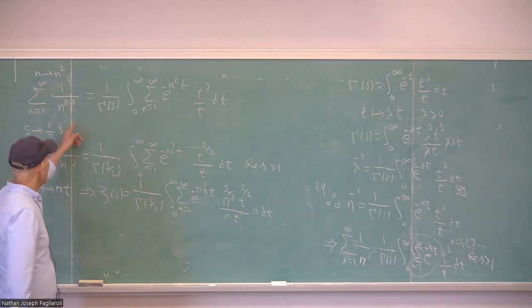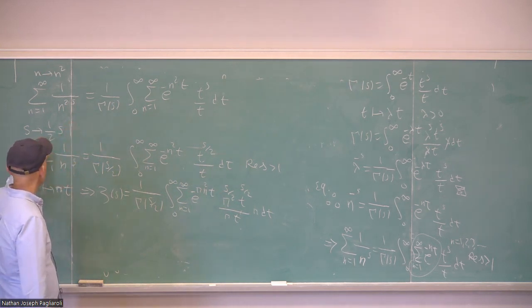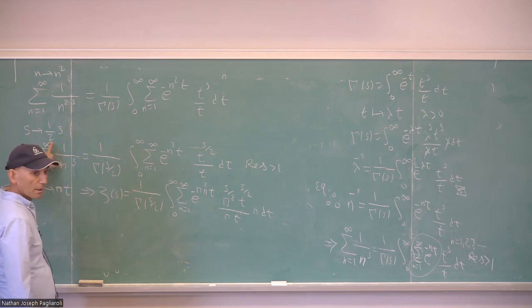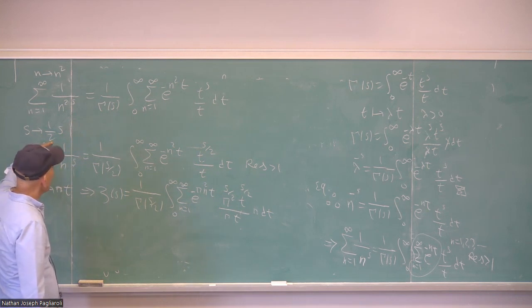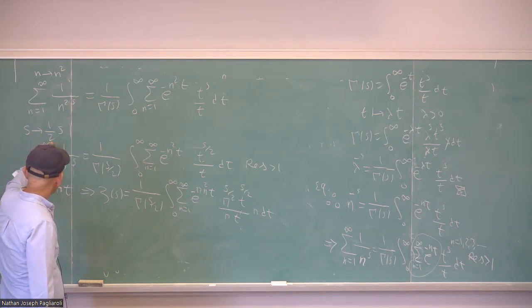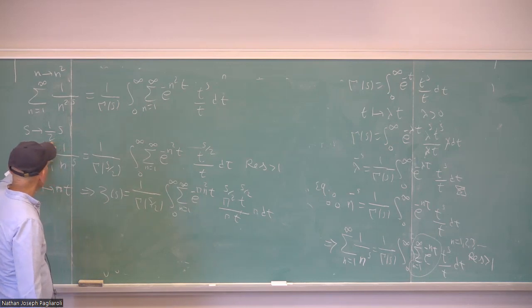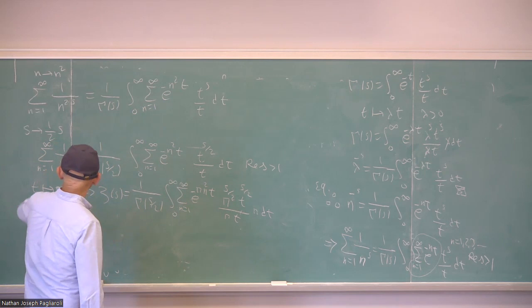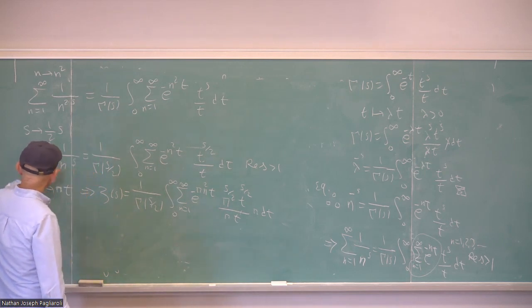Yeah, but then here I just replace s by half s. Oh, here. Yeah. But why do you want real part of s? Oh, you mean because of this sum? Yeah, but I mean, this is okay now.